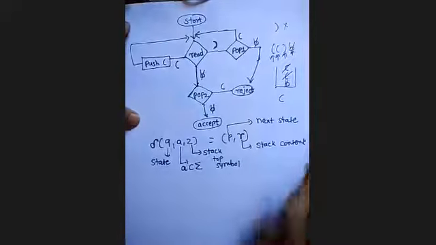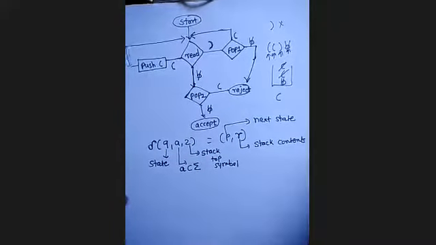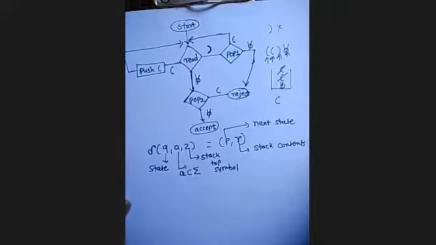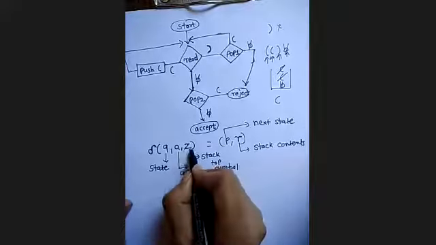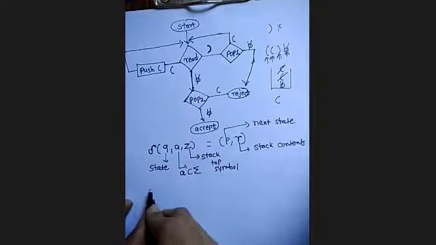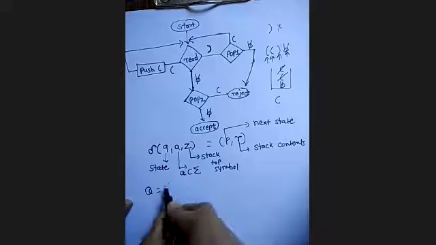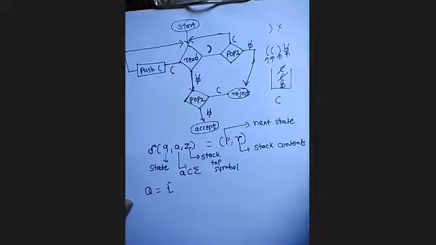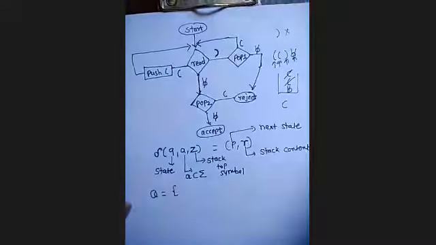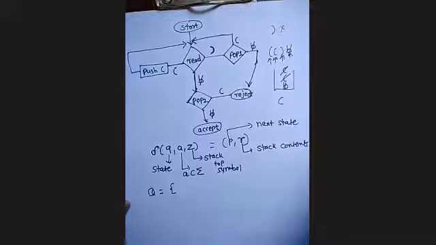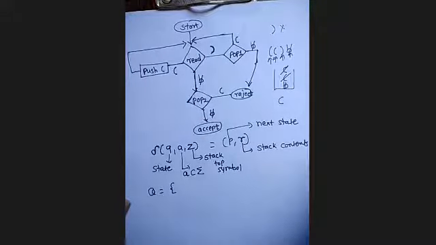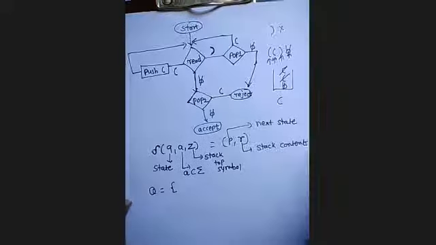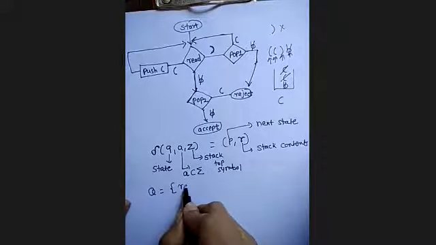Stack contents. Okay. So what is the input alphabet? We have to consider all possibilities. Now, our case: Q is what? Let us write it. Q is a finite set of states. How many states are there in this example? One. Okay. So right. What is that state?